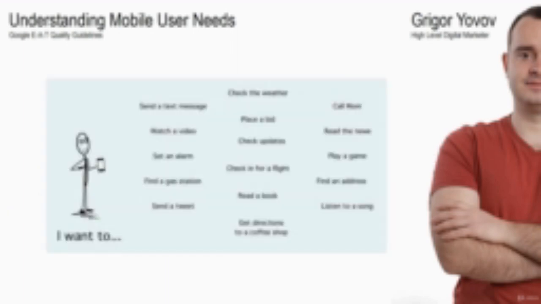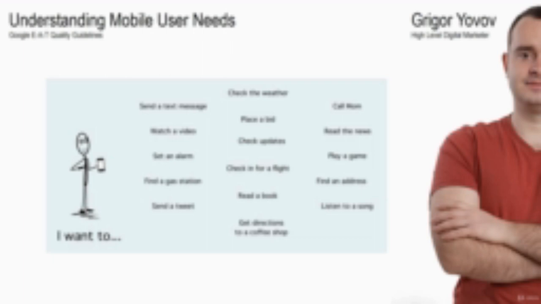Hello, in this lesson we'll talk about how Google understands mobile user needs. This is important because if we understand how Google looks at mobile results, we'll be able to build the best SEO strategy in order to rank higher in mobile search.